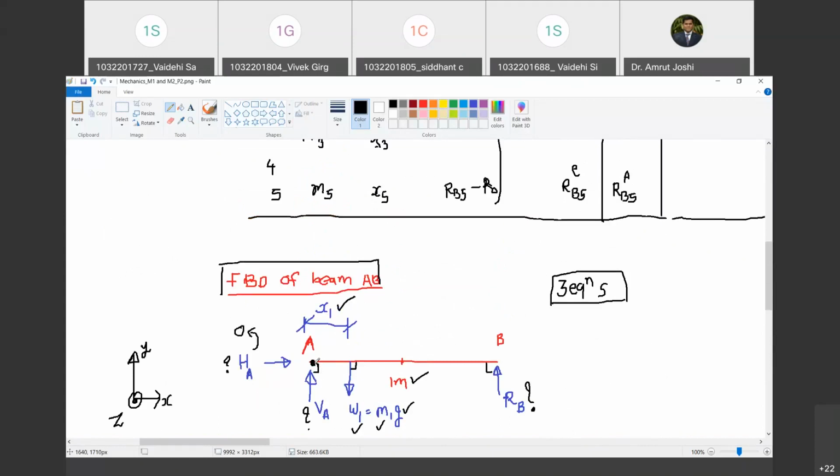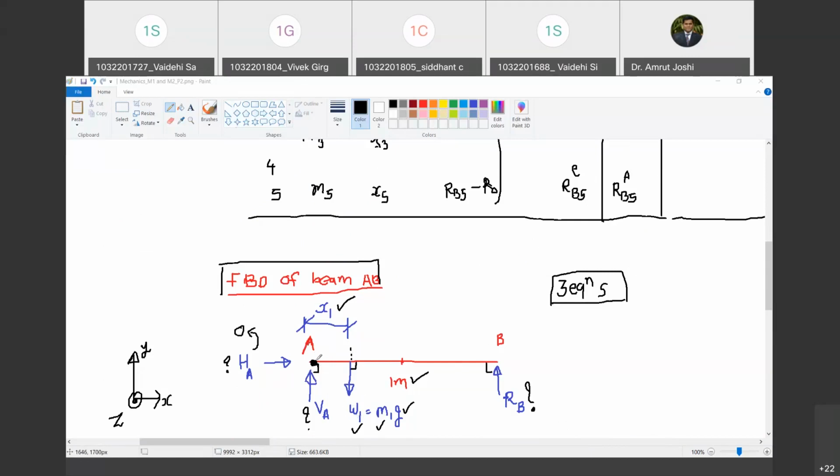No. Will W1 cause a moment? No. Why? But it's an equilibrium, right? Can W1 cause a moment about A? I did not understand. No, no. What is the moment of force W1 about A?